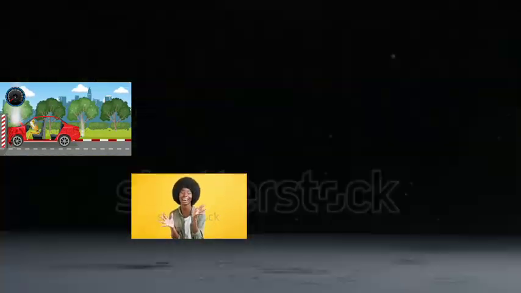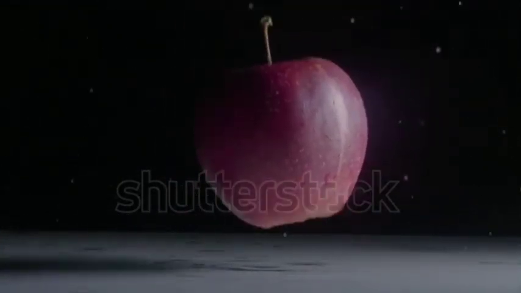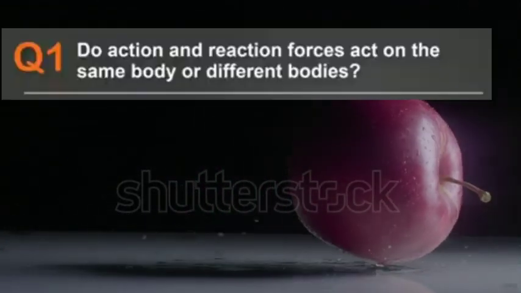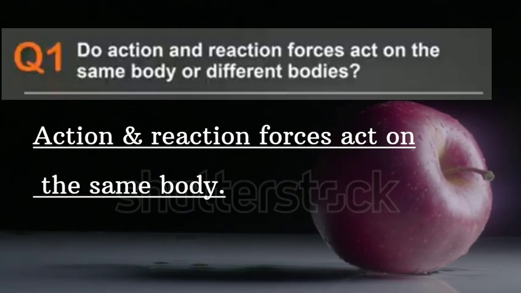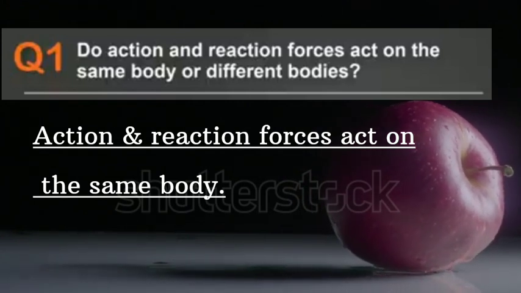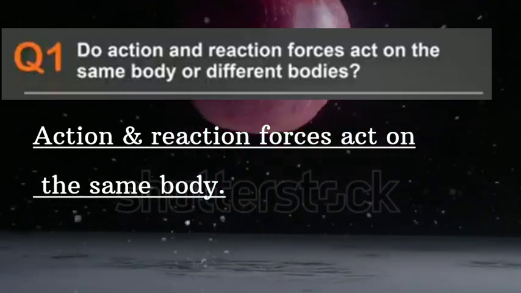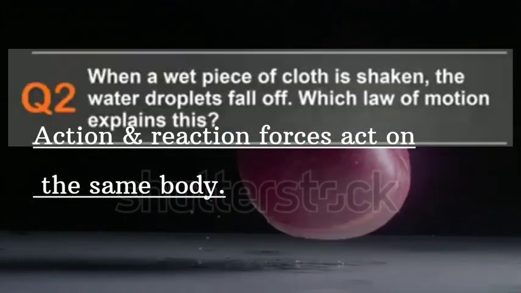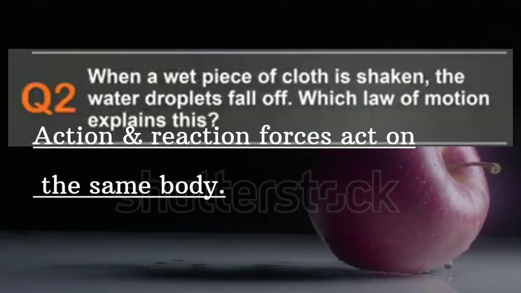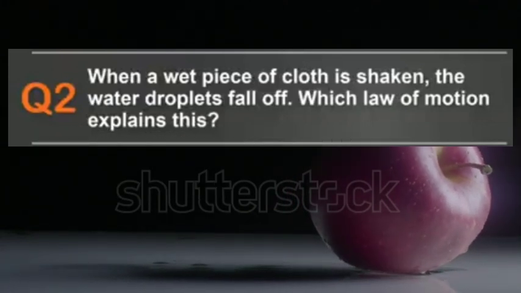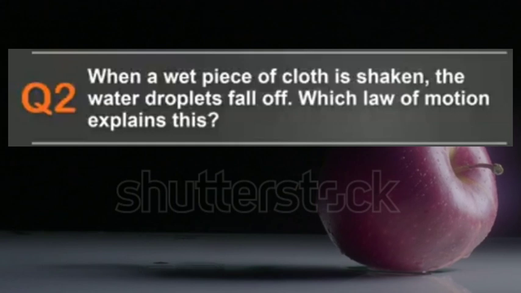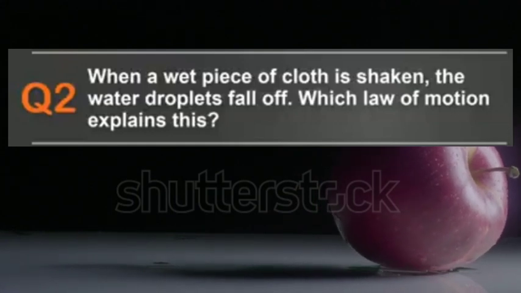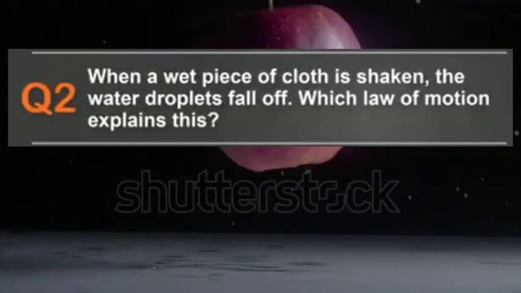Question number 1. Do action and reaction forces act on the same body or different bodies? Answer. Action and reaction forces act on different bodies. Question number 2. When a wet piece of cloth is shaken, the water droplets fall off.